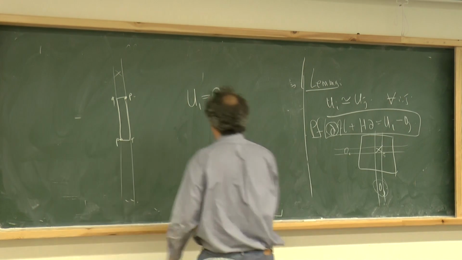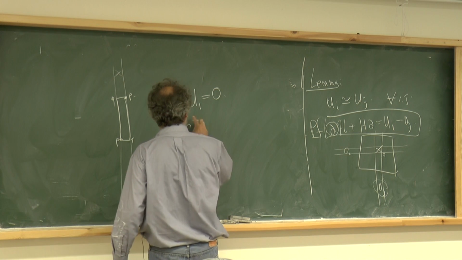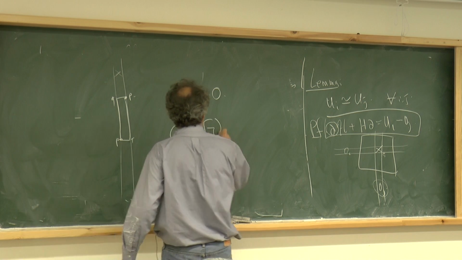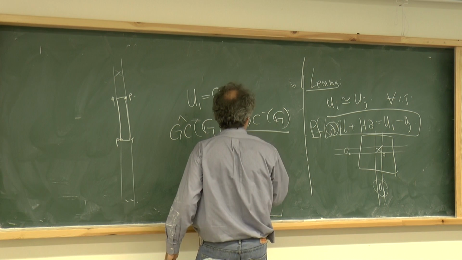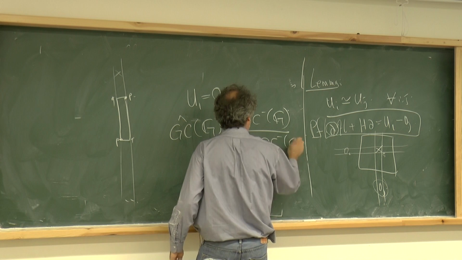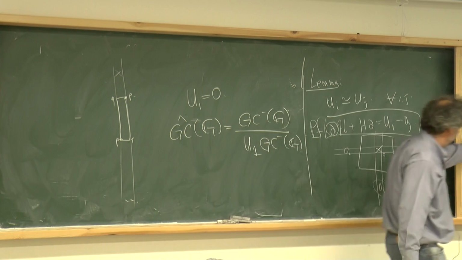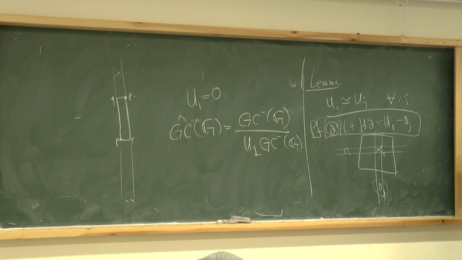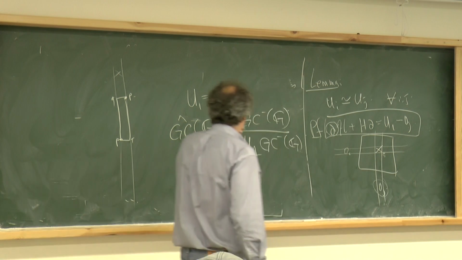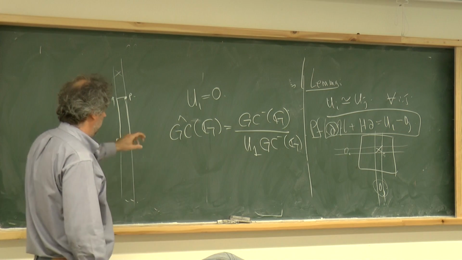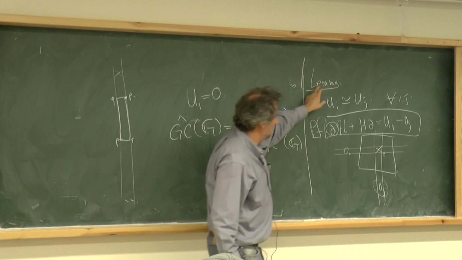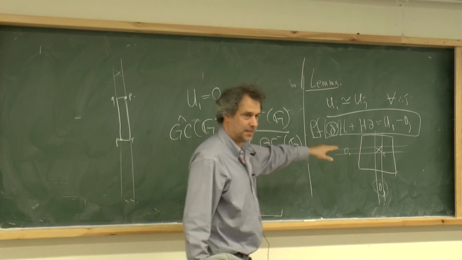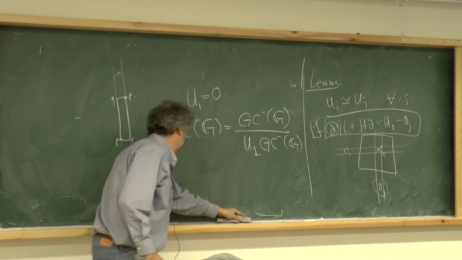There's another chain complex GC hat of G, which is just GC minus of G modulo U1 times GC minus of G. Another way of saying that is that you look at those rectangles that don't contain O1, and you count those. That seems to pick out a rectangle, but basically this lemma tells you that it doesn't depend on which rectangle you picked out.